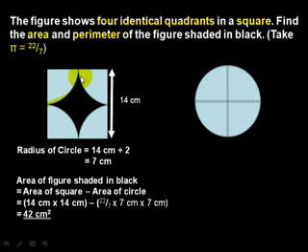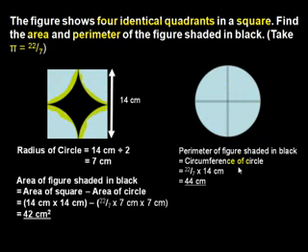This means I need to find this length plus this length plus this length plus this length. These 4 lengths form the circumference of a circle. So the perimeter of the figure in black is the circumference of a circle, which is pi times diameter, 44 centimeters.